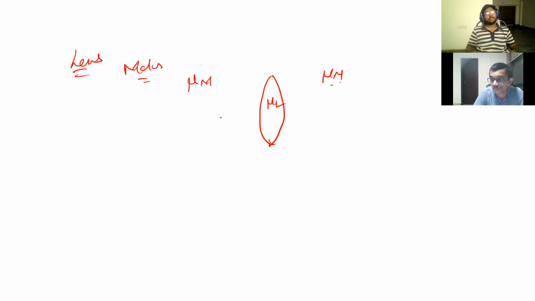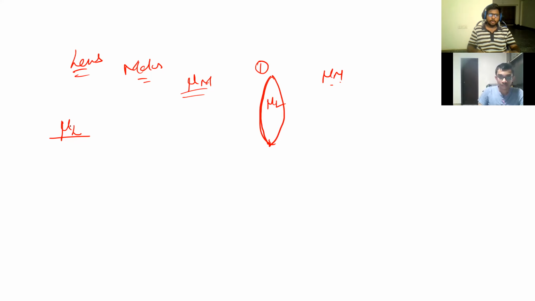mu2 by v minus mu1 by u is equal to mu2 minus mu1 by R. You remember it or not? Here, mu2 is mu L. The image formed at surface 1 will be the object for surface 2. Do you accept this? Then the final image will be formed.